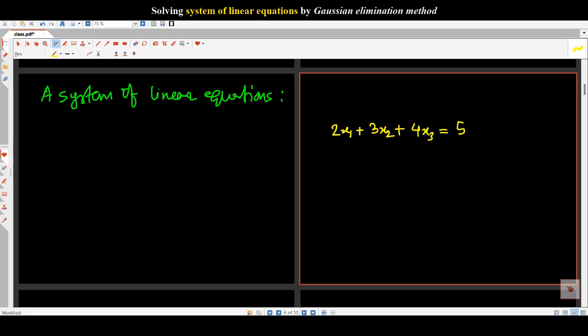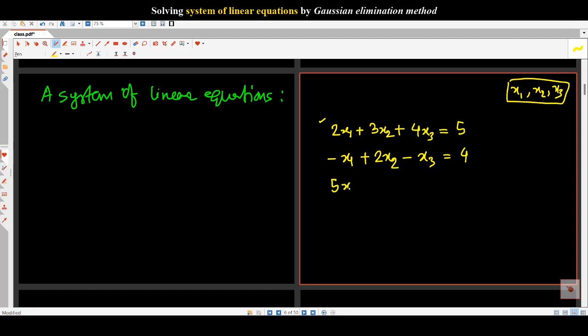So we have the first equation with the variables x1, x2, x3. These are the variables that we can see in this linear equation. Suppose we have another equation: minus x1 plus 2x2 minus x3 equals 4. This is the second equation. It is also linear because all the variables x1, x2, x3 have power 1.